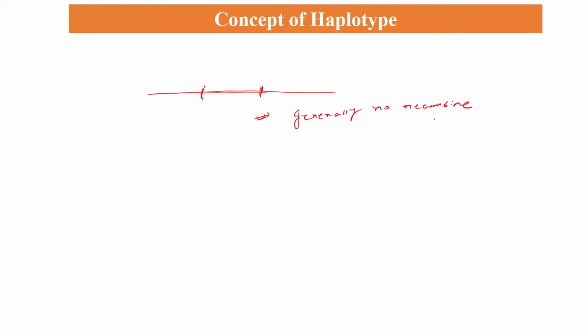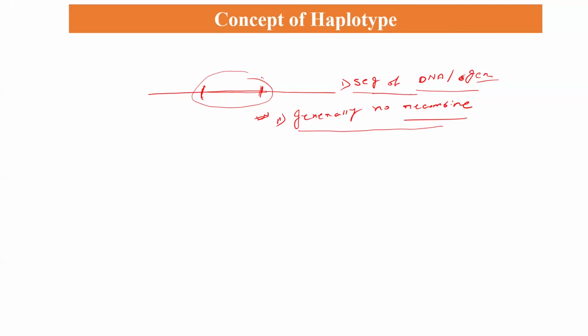A segment of DNA or the genome that is transferred or moves together and generally shows no recombination is called a haplotype.